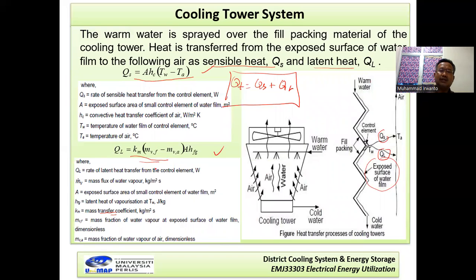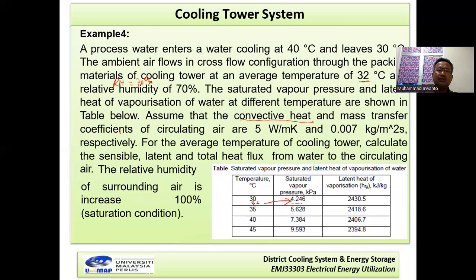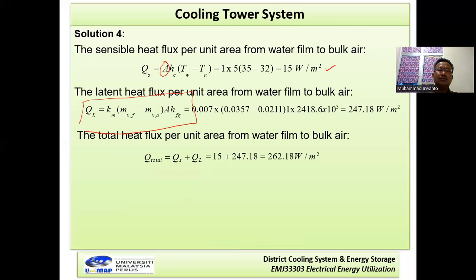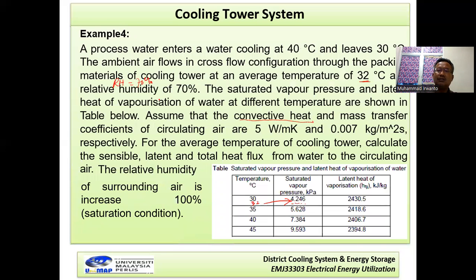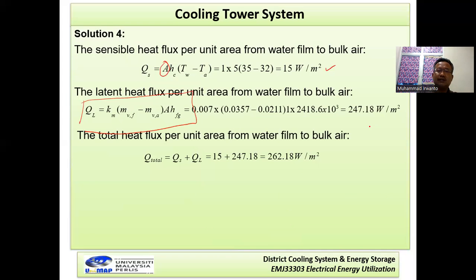QL is equal to Km multiplied by MPF minus MPa, times A times HFG. Km is given in this question as the mass transfer coefficient, 0.07 kilogram per meter squared second.